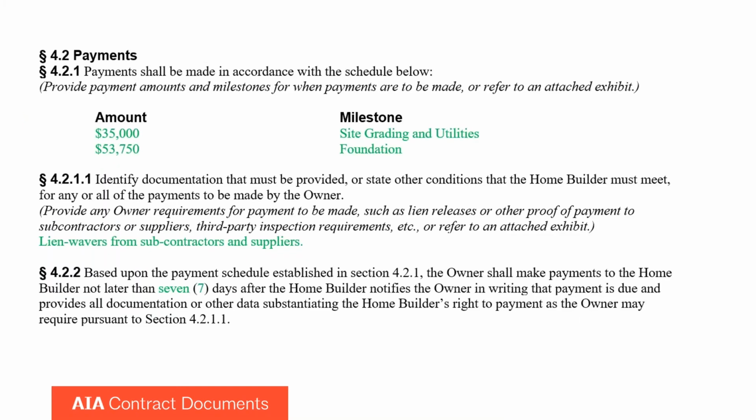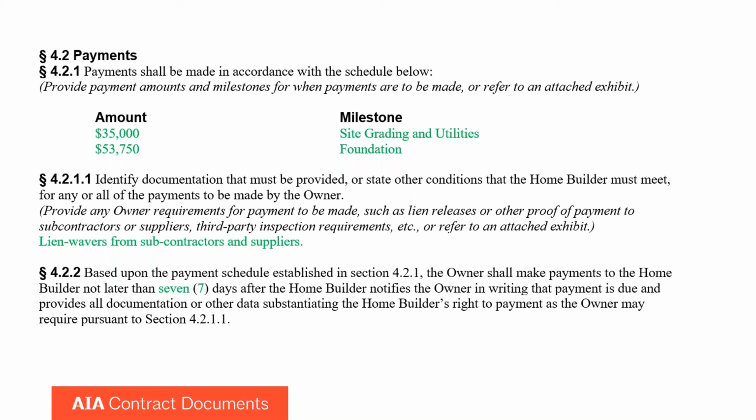So here we identify the way to proportionally divide up the payments to you, the home builder, so that you would have a schedule that you use to apply for payments. In this example, we recommend milestone moments.